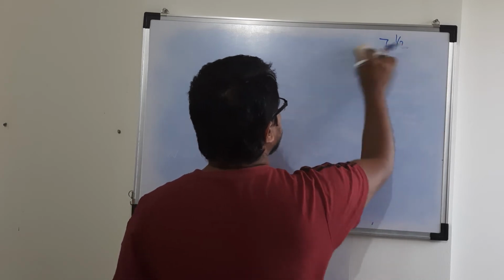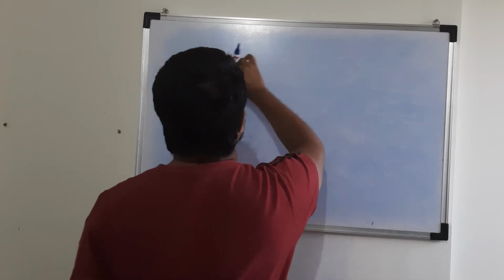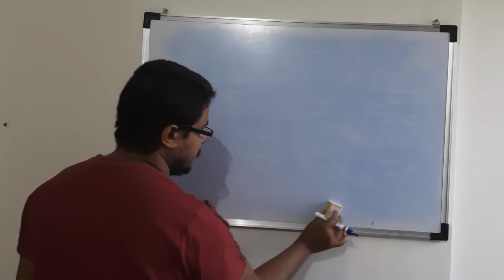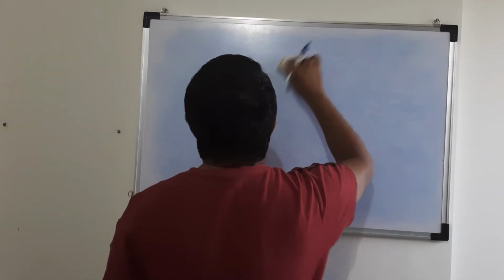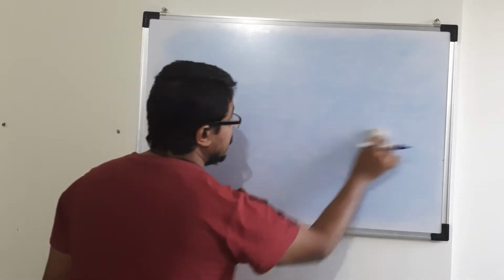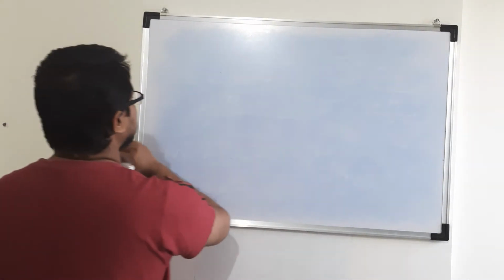Now the next important factor that we need to consider in a one-sided PN junction in reverse applied bias case is the junction capacitance. So let us see what junction capacitance is.